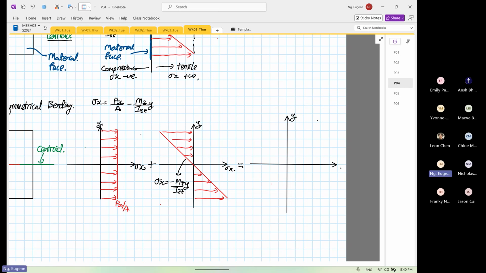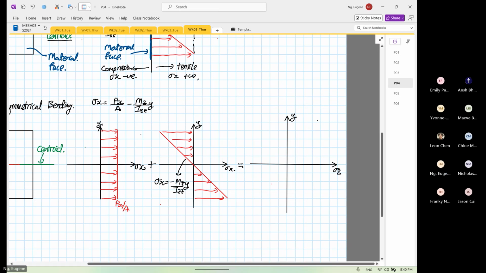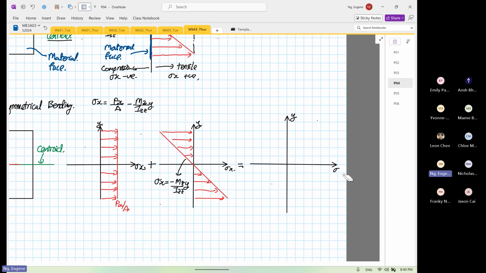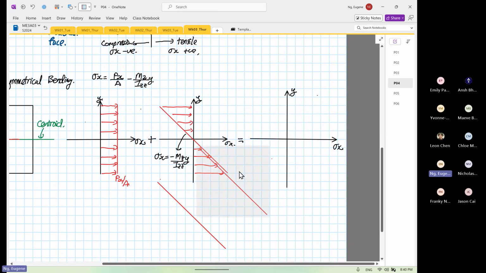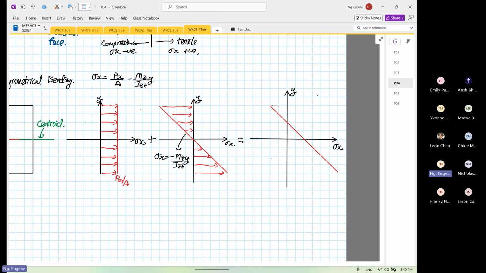So this is our Y, this is our stress X, not stress Z. So when you add the both of them, now your graph shifts.